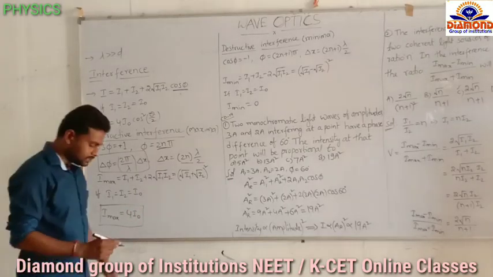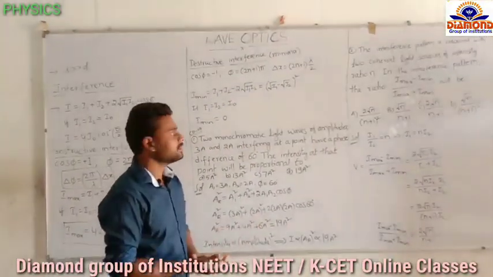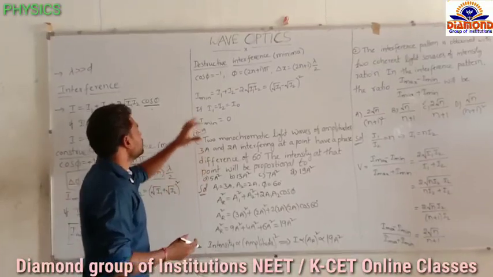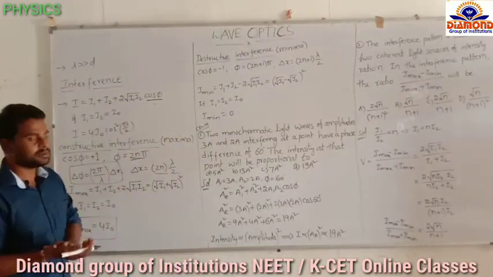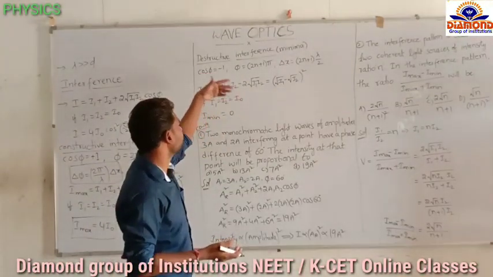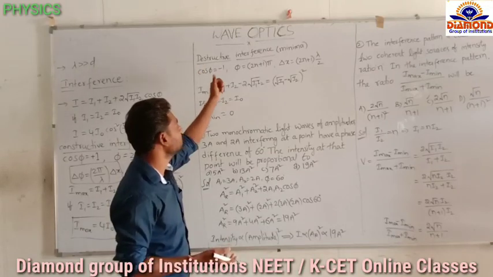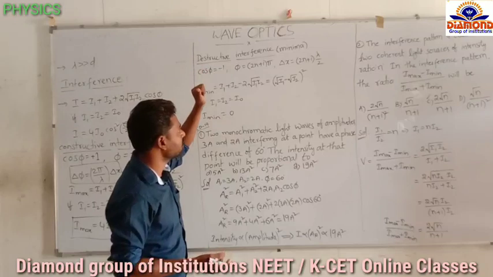Next, destructive interference means minimum intensity. Already I said cos phi is minimum at minus 1 and maximum at plus 1. So here cos phi is minus 1. We get minus 1 for cos phi at odd multiples of pi.